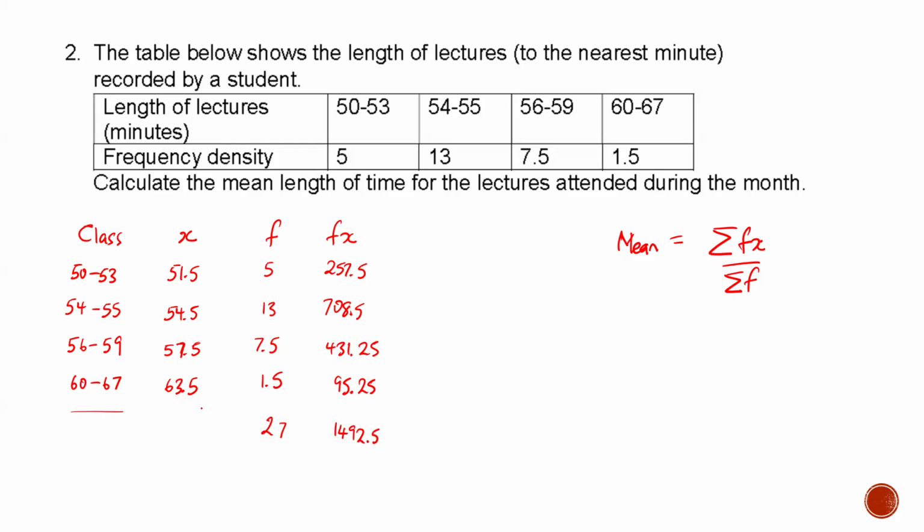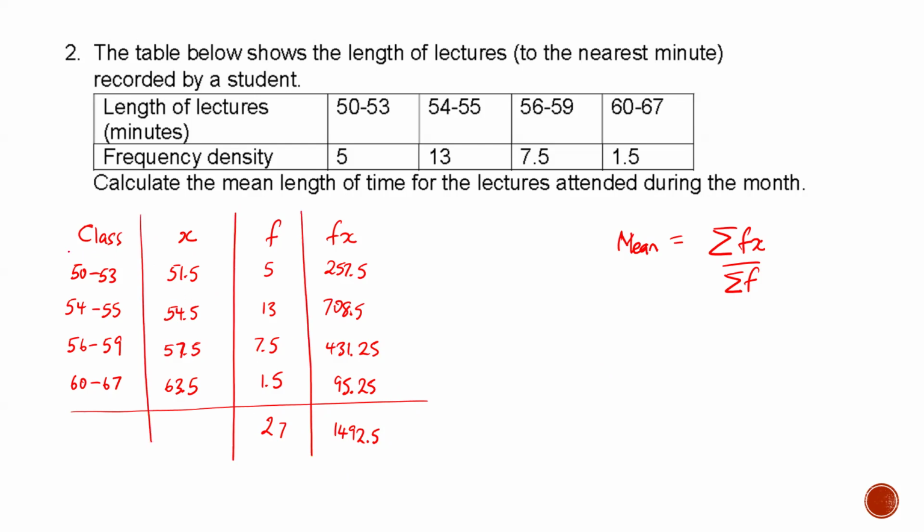So that means this should be 1492.5 divided by 27, which actually comes to 995 over 18, which is 55 and 5 over 18, if you like the exact answer, but to 4 decimal places, this is 55.2778.